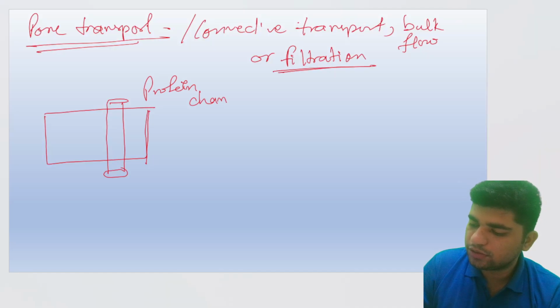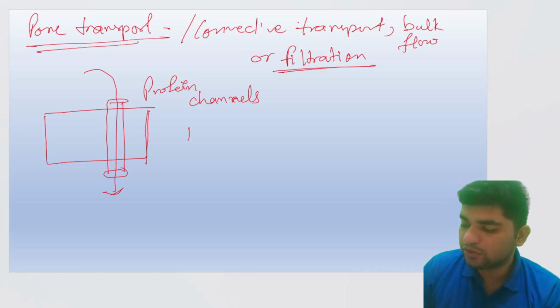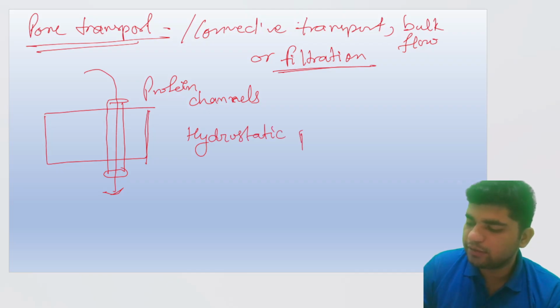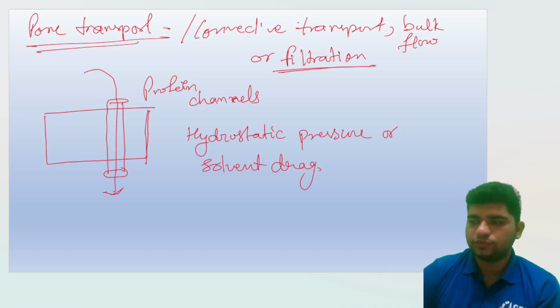Here the drug passes through them because of hydrostatic pressure or solvent drag. The greater the amount of solvent, the greater the chances of the drug passing through the pore transport mechanism. All right. So this is pore transport.